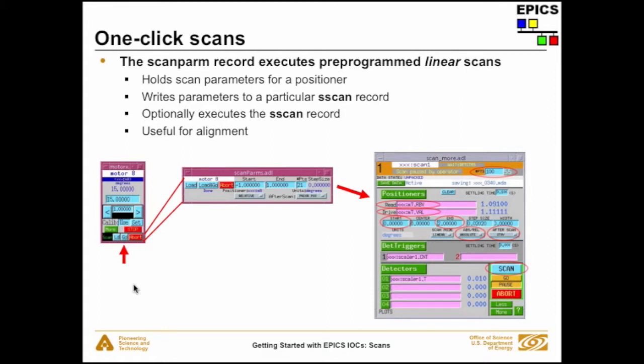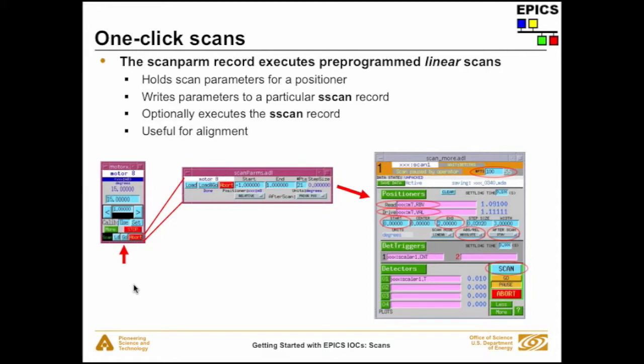So one-click scans. This is the scan params thing I was talking about earlier. Motors don't have to be set up this way, but typically at APS they are. Associated with each motor is a set of scan parameters, and that includes a start position and an end position and a number of data points, whether it's relative or absolute, and what to do at the end, those after-scan actions that I described, either stay or go to a prior position or look for a peak in the data and go there.